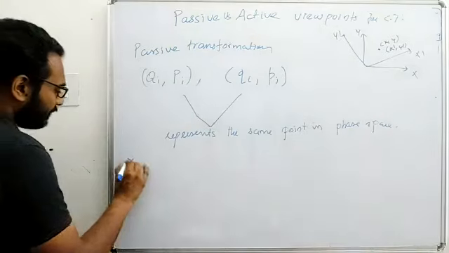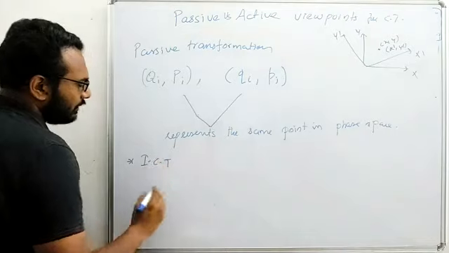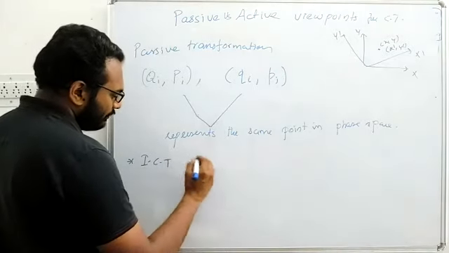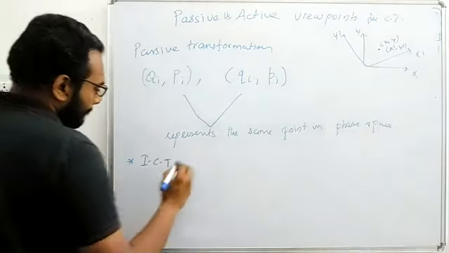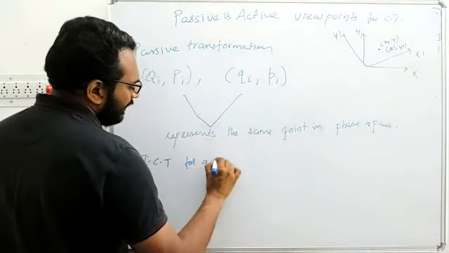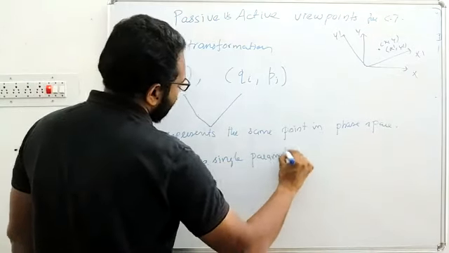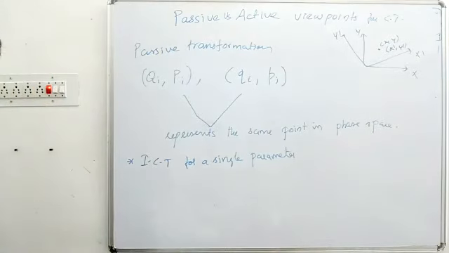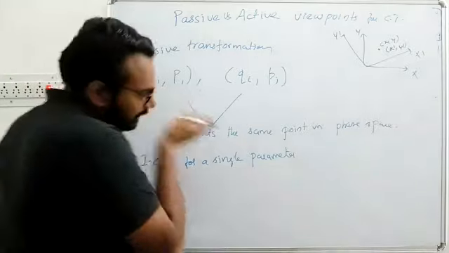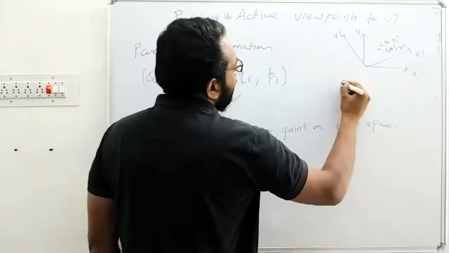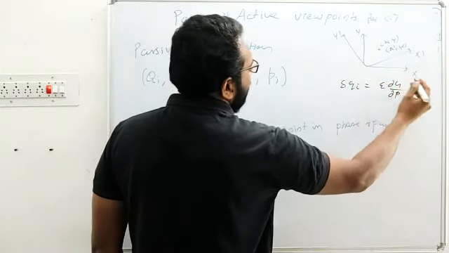Now, but the infinitesimal canonical transformations, okay, let's say, for a single parameter, can be given a different interpretation. We said that there is this parameter epsilon, right? We said that delta Qi is equal to epsilon ∂g/∂pi, right?